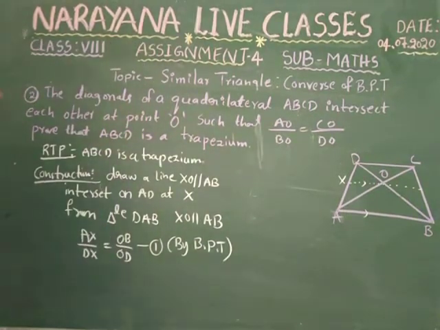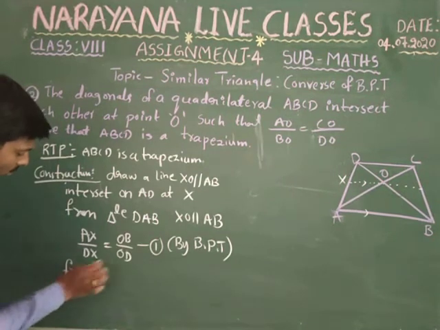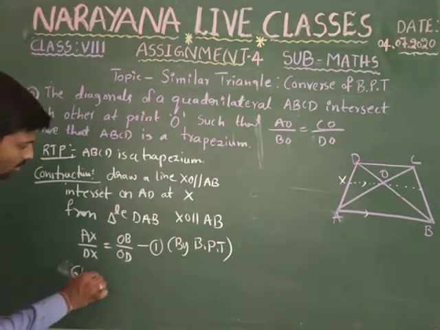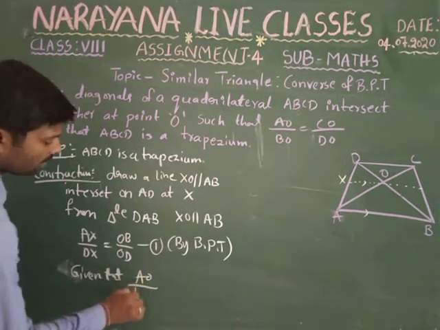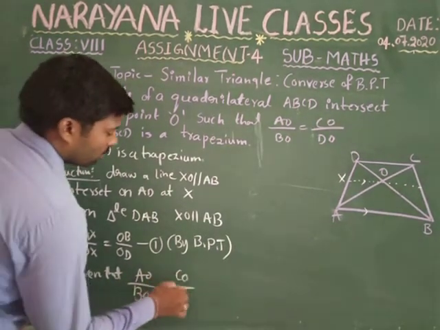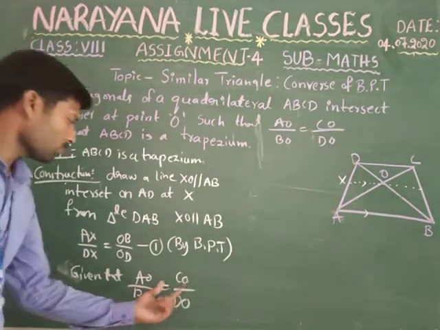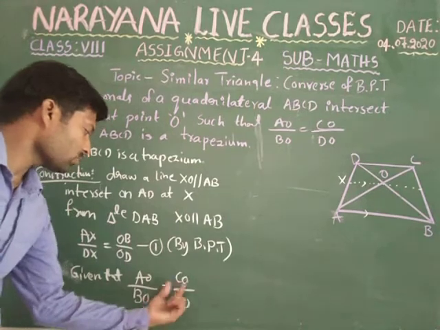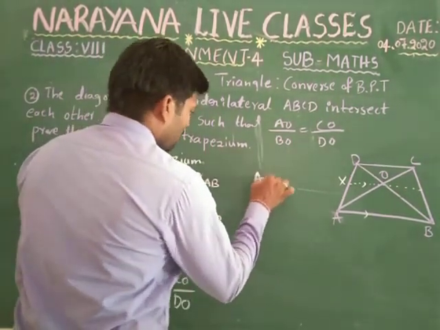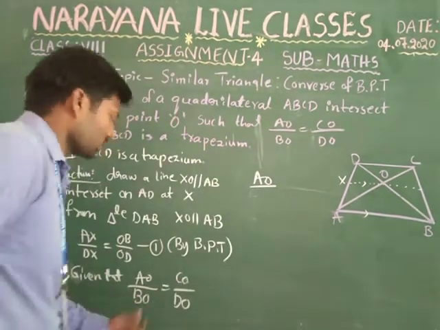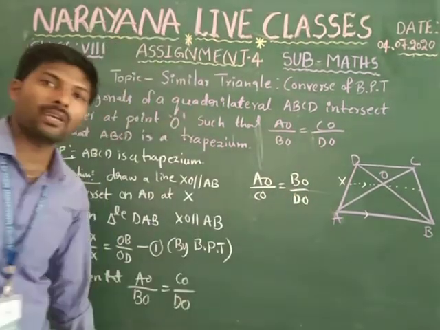Next, from the question, it is given that AO by BO is equal to CO by DO. By interchanging CO and BO, I can write AO by CO is equal to BO by DO.